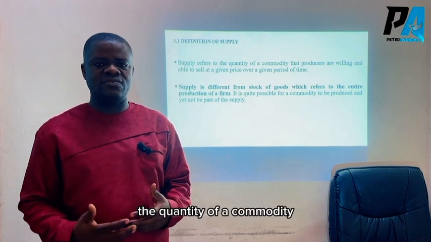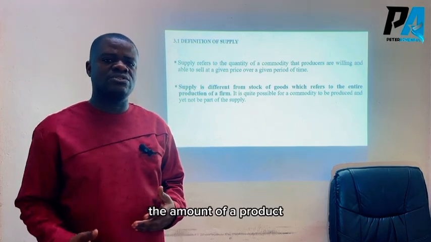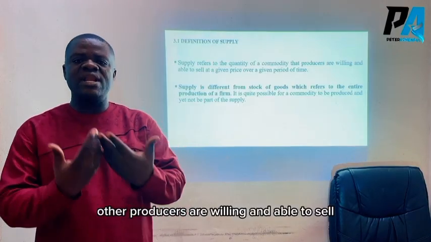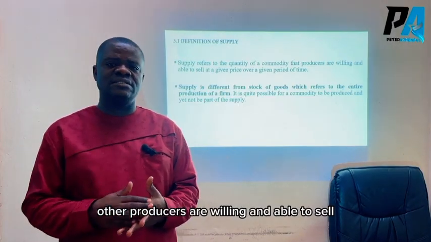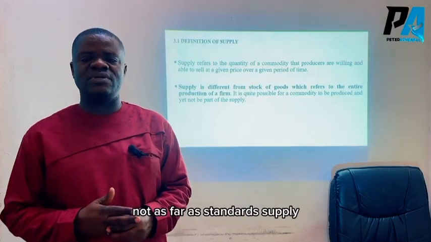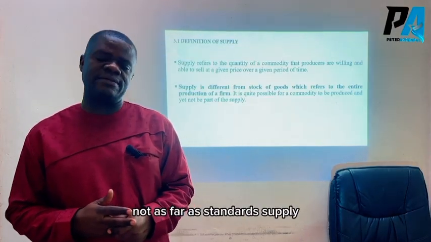The quantity of a commodity, the amount of a product that the producers are willing and able to sell at a given price within a period of time. That is what is termed as supply.